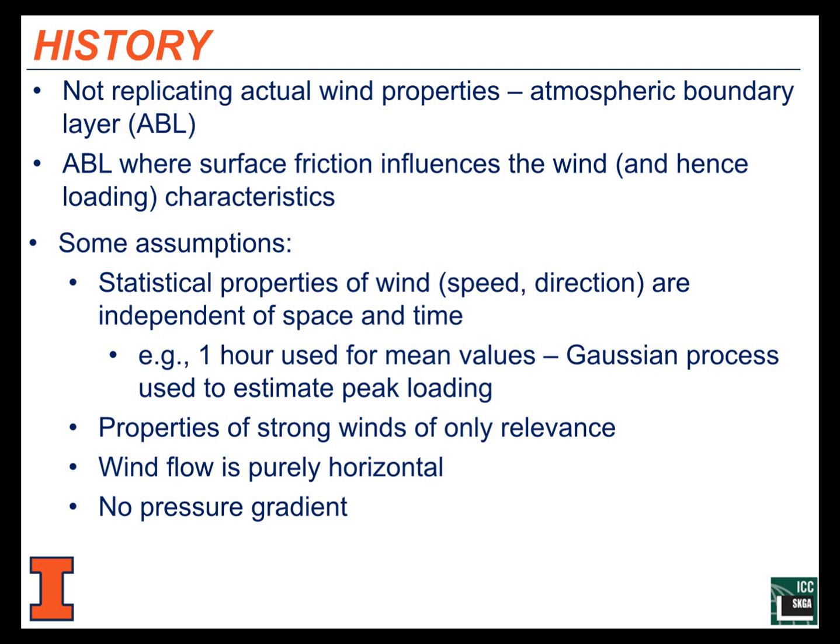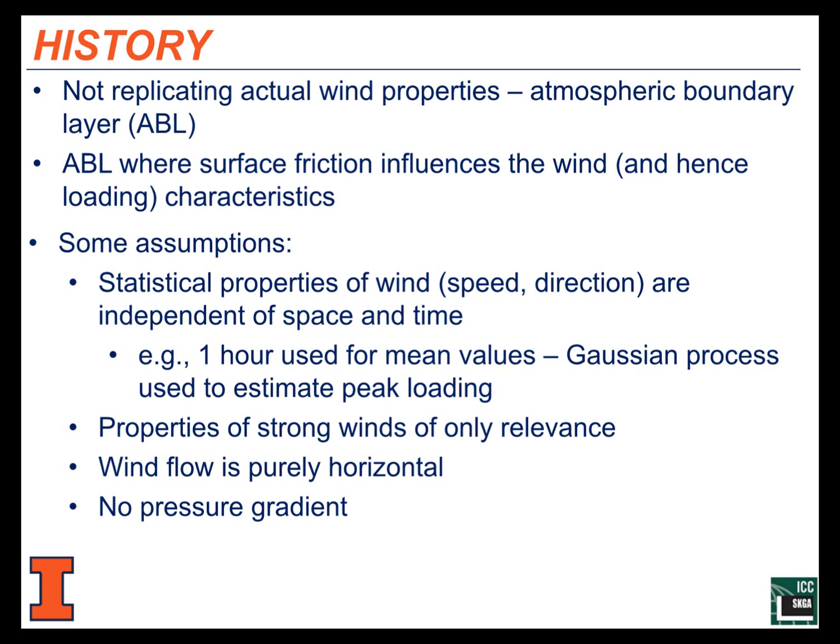Other assumptions: as most of us are probably structural engineers, we're interested in the properties of strong winds, and with strong winds there are other assumptions to be made. One is that there are no temperature or buoyancy effects in the wind. Another couple of things that will be important when I talk about thunderstorms and tornadoes: the wind flow is horizontal, and there's no pressure gradient over the areas that we're interested in.